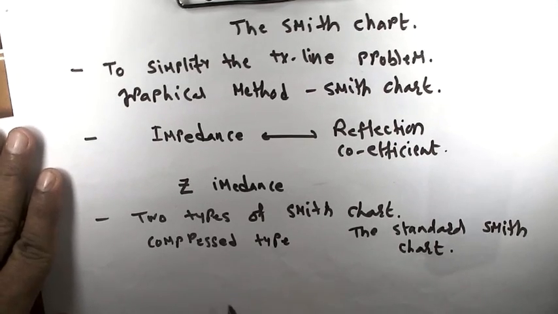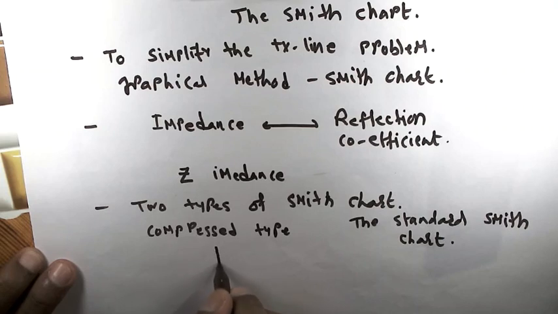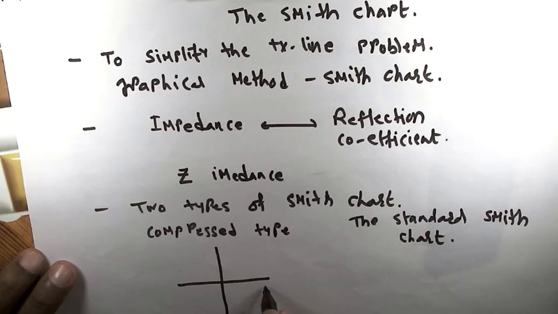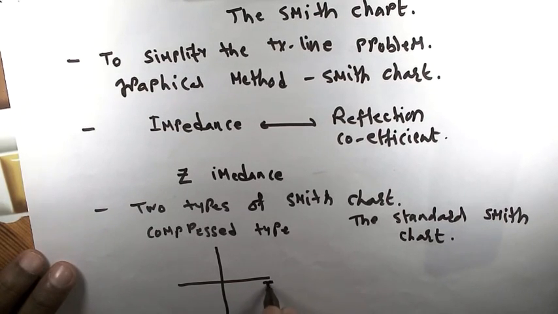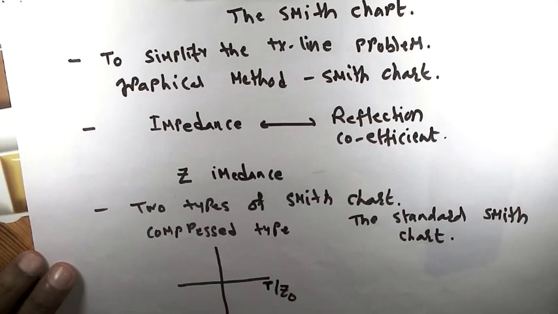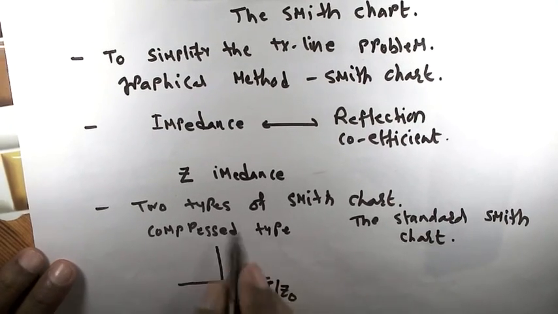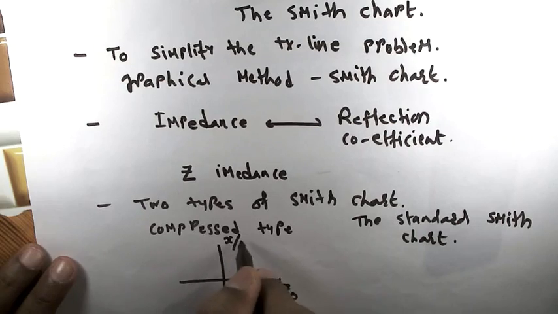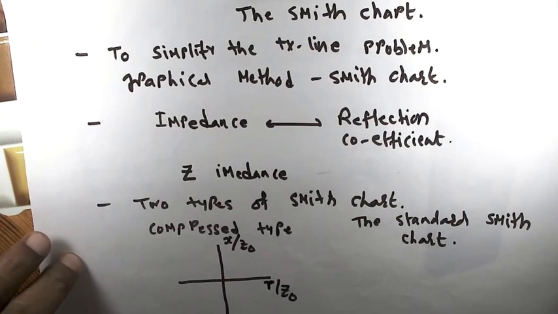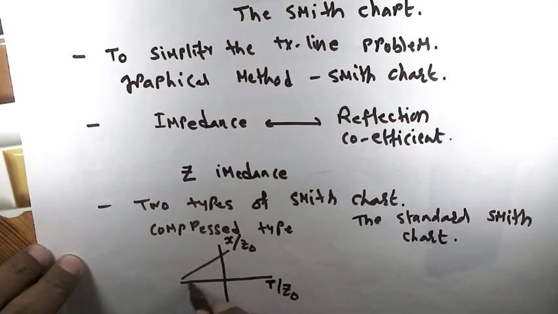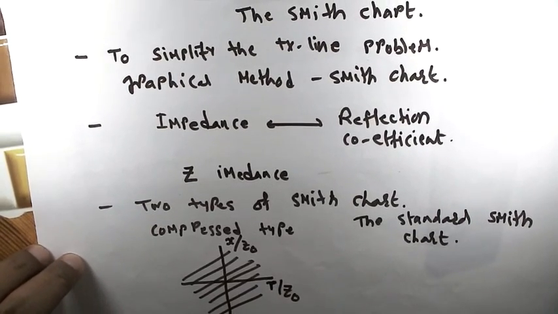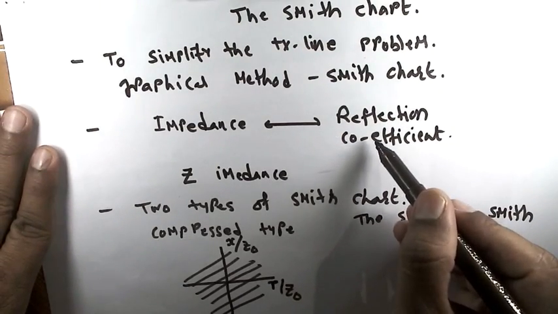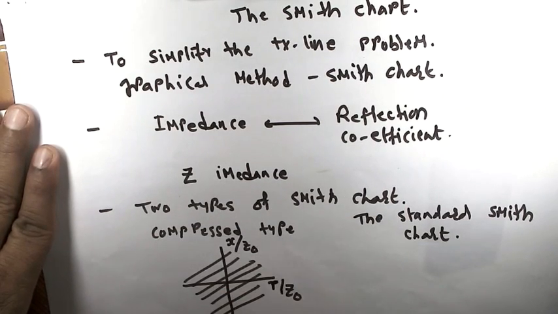If you have the real part of the impedance on the x-axis, and the y-axis expresses the reactance of the impedance, then if both sides of the plane are used for transforming this impedance to the reflection coefficient plane, it is called the compressed type of Smith chart.